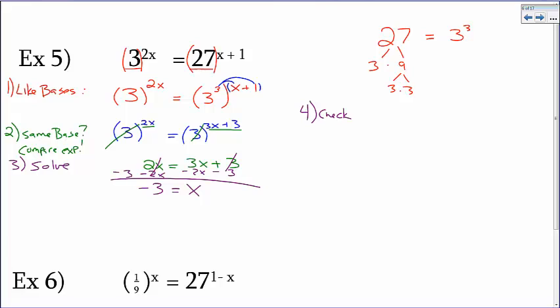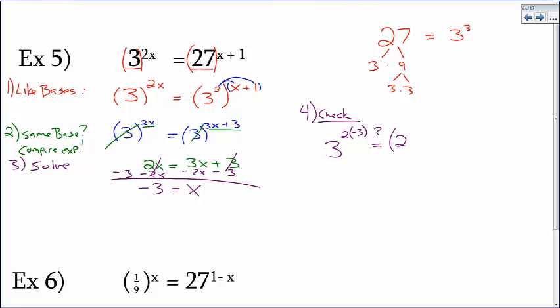Now I'm going to check my solution by plugging in that value of negative 3 for x in the original equation, 3 to the 2x equal to 27 to the x plus 1. Note that I'm substituting in negative 3 for x.